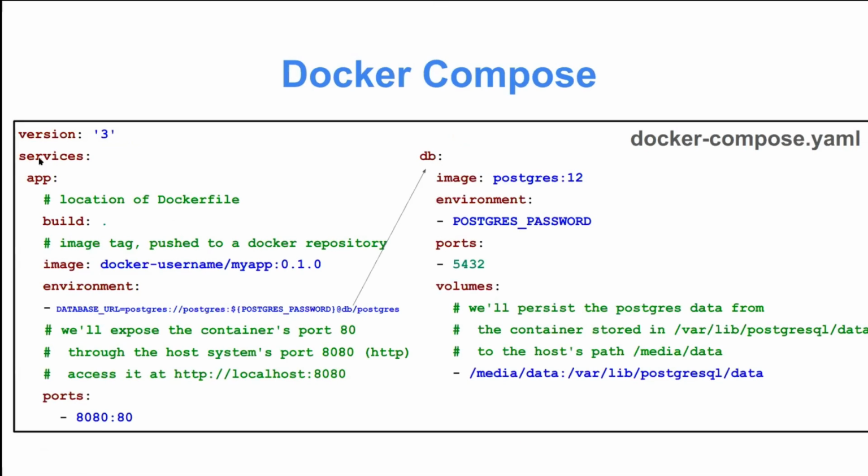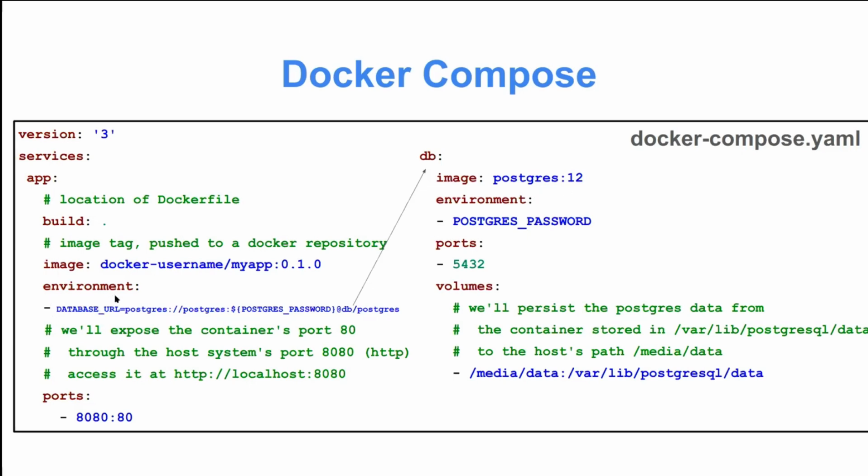This is an example Docker Compose. So all Docker Composes will have a version, and then there's this services, and each item in this map is a different service. So this one we're calling app, this one we're calling DB. And basically you can specify your tag under this image, or for instance, if we're using a public image, like this Postgres version 12, we can put that image.